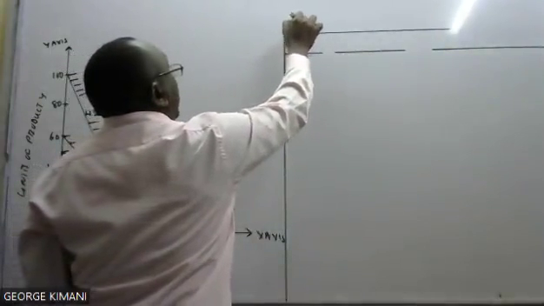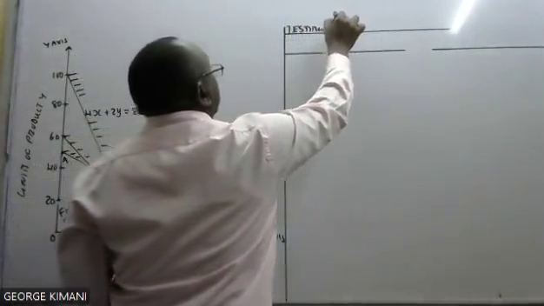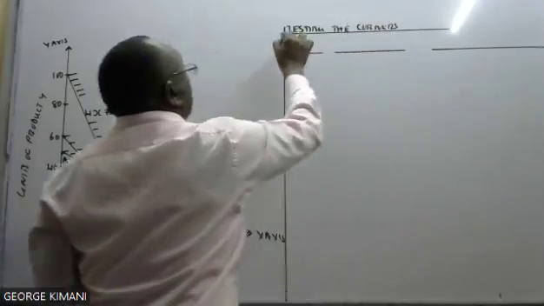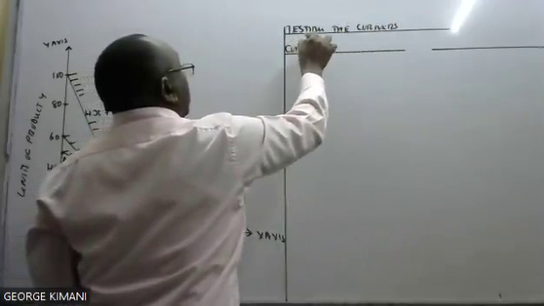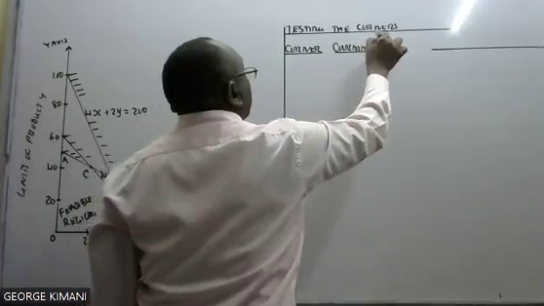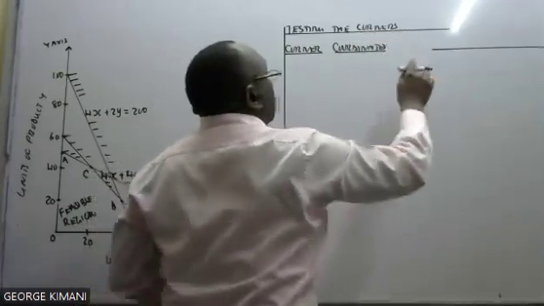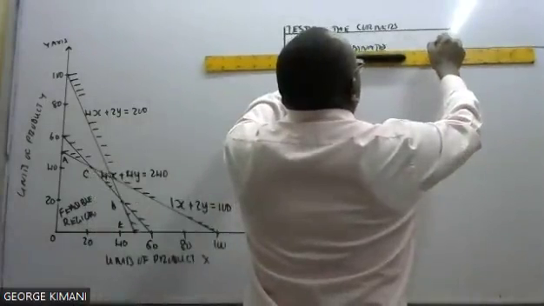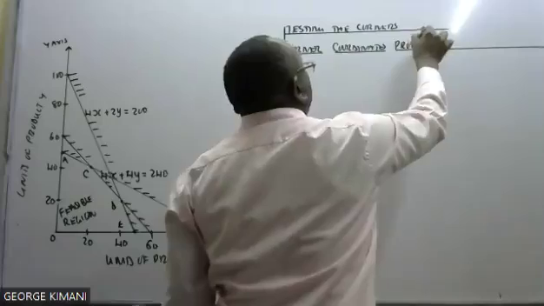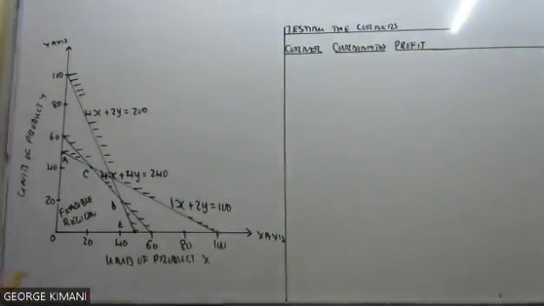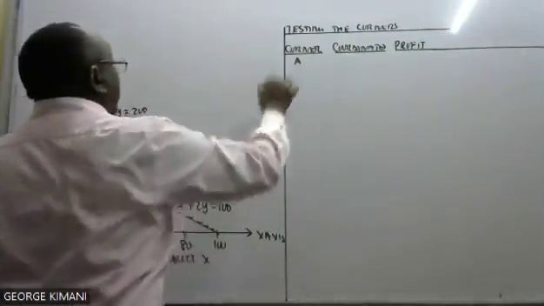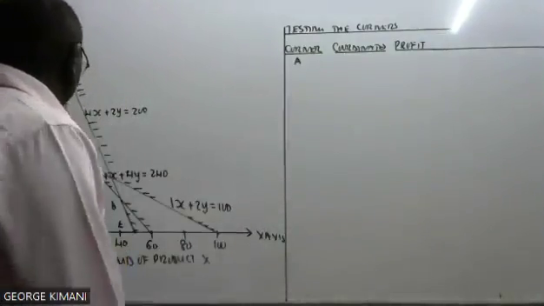Testing the corners. We have the corner coordinates and we have the profit. So let's start with corner A. Coordinates of A is 0, 50.